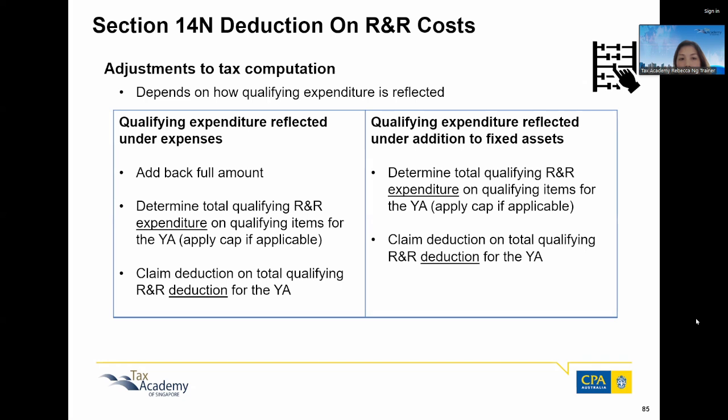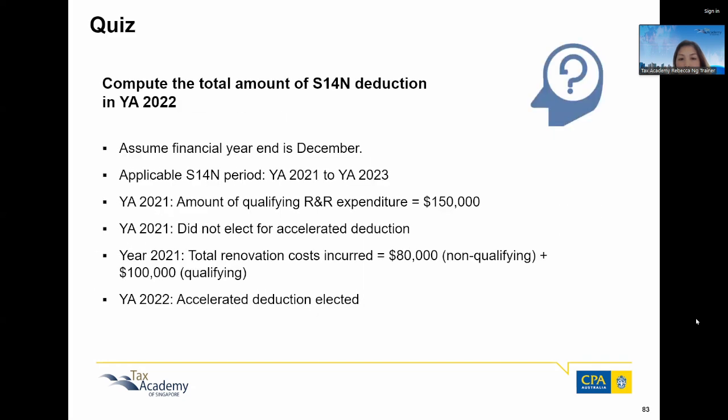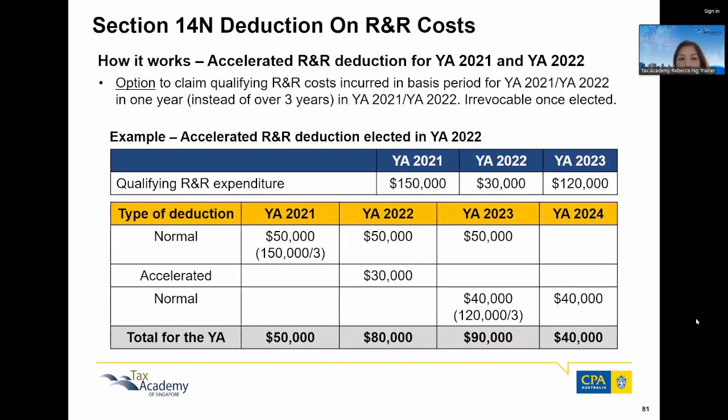If in year of assessment 2021 the company has incurred 150,000, and for some reason it is recorded in the profit and loss account, because this is not an allowable expenditure, I will add back 150,000.